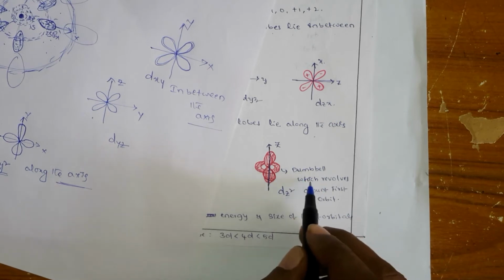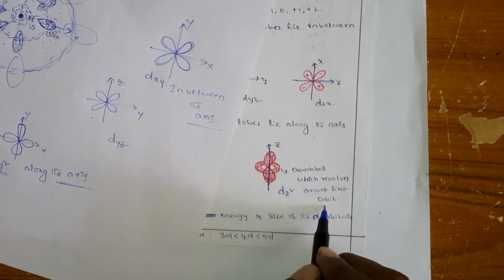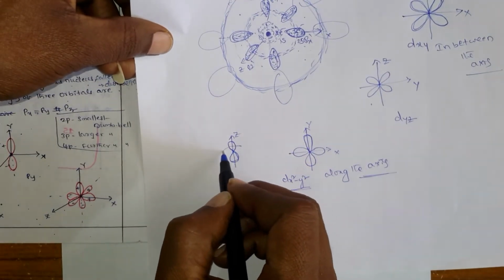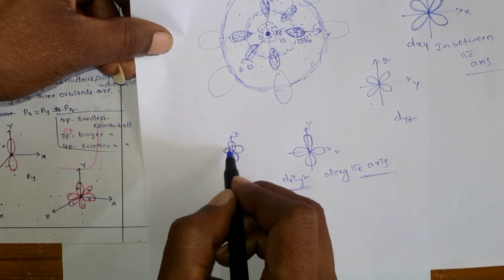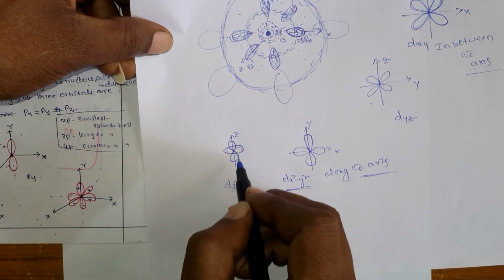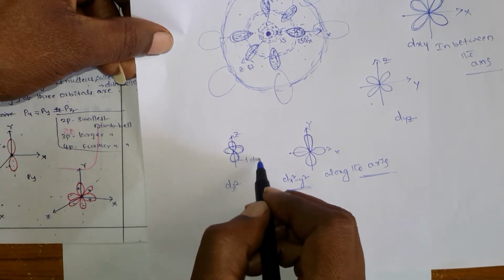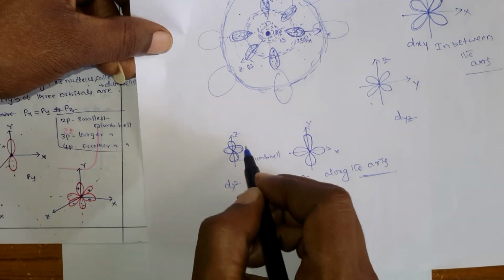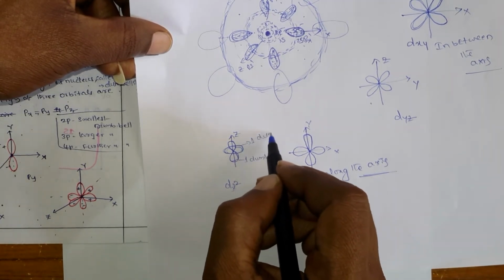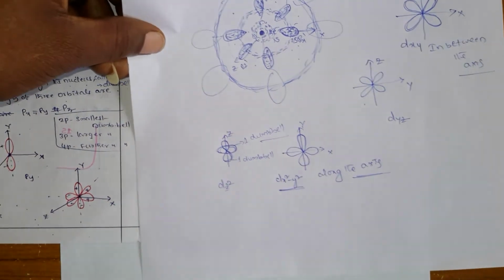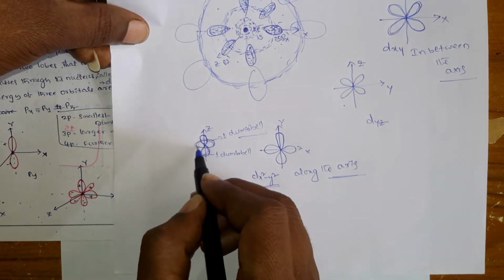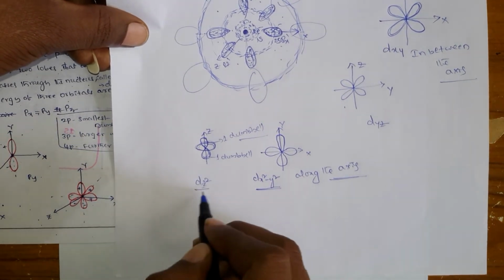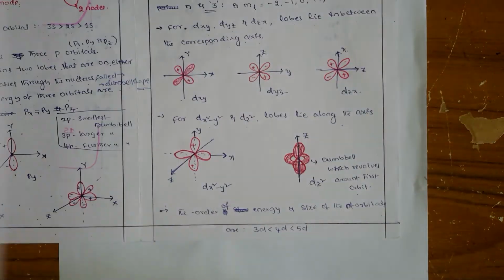You saw one dumbbell earlier; here one lobe revolves around it, like the planet Saturn, right? This is one dumbbell and this is another dumbbell. Two dumbbells, one along the z and another revolving around it. This is the shape of dz square.